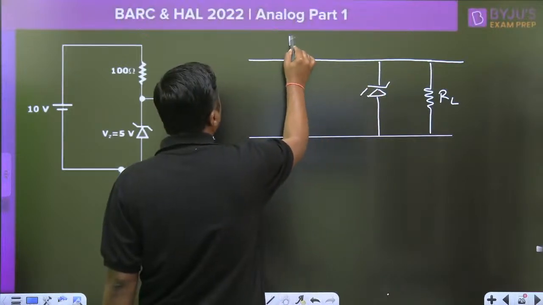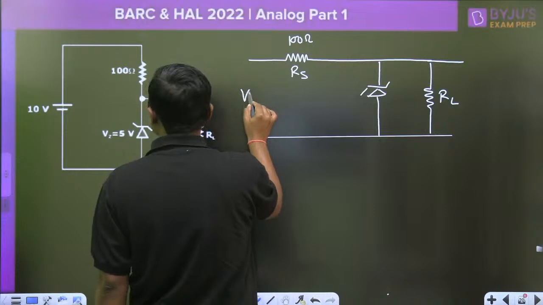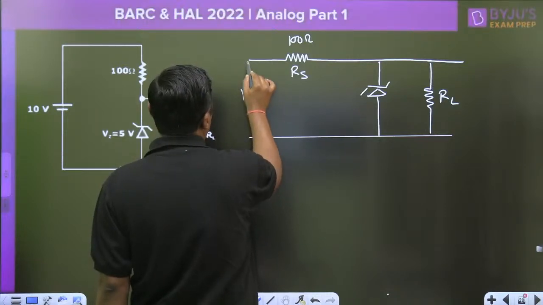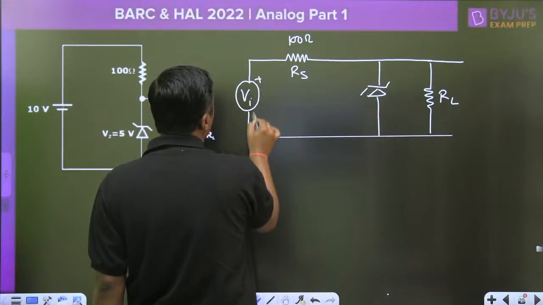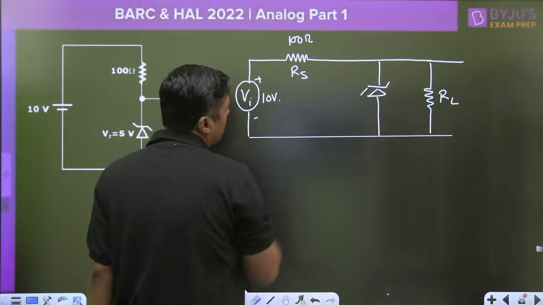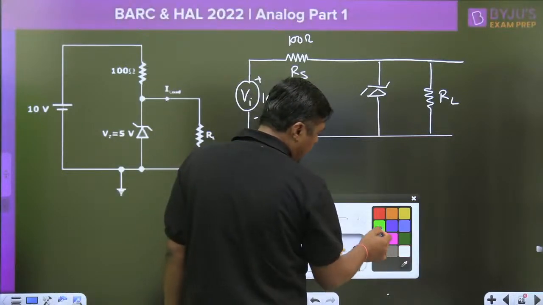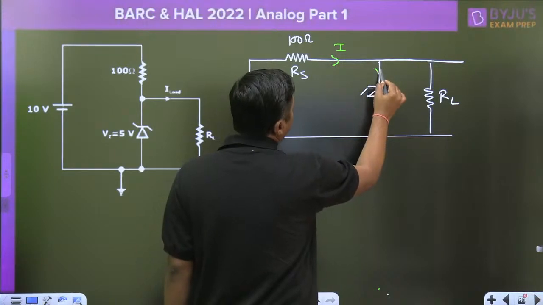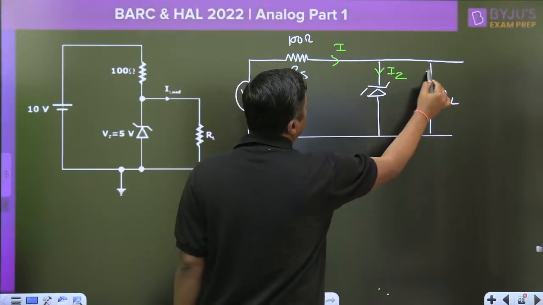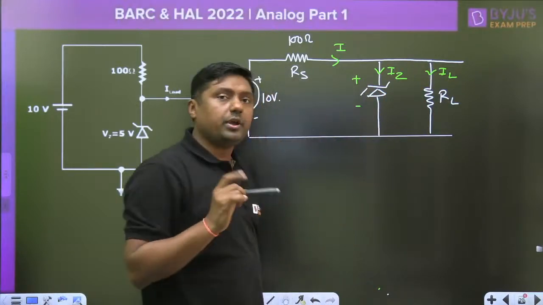This 100 ohm is called the series resistor RS, and this is the VI. In this case, VI is given as 10 volt, a fixed VI. Always remember one or two formulas: if this is I, this I is divided into two parts, IZ and IL. The Zener diode should be in the breakdown region.